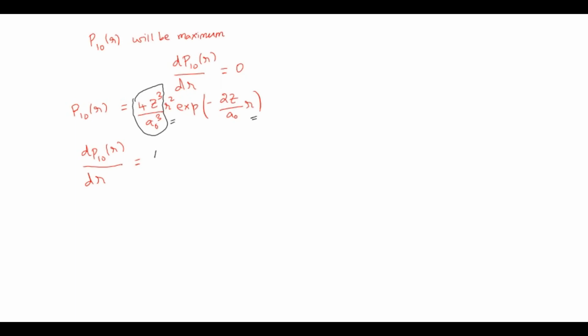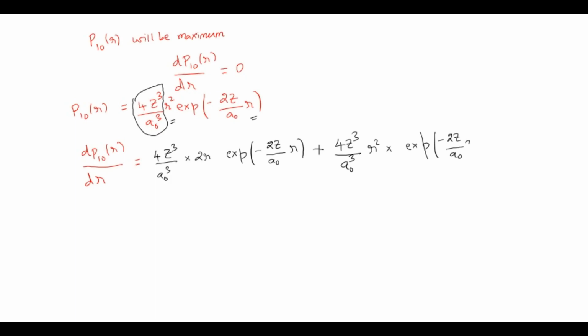When I take the derivative, 4Z cube by a_0 cube, 2r exponential of minus 2Z by a_0 r, plus the first term kept as constant, r squared, and the exponential derivative is the same exponential times minus 2Z by a_0, the coefficient of r.